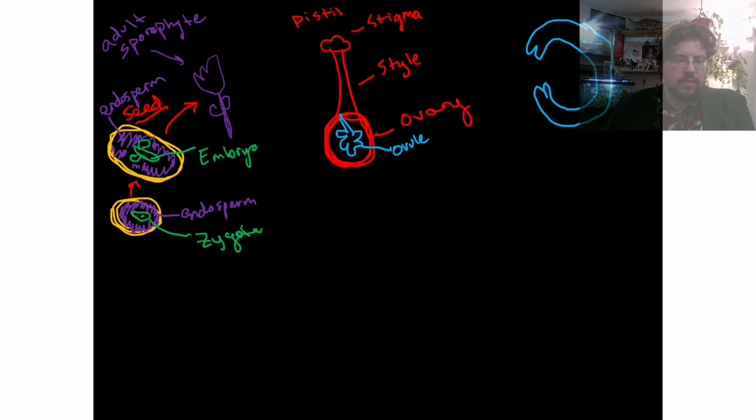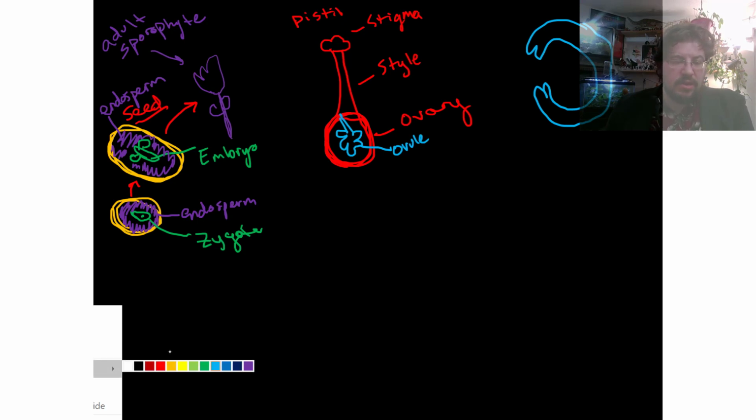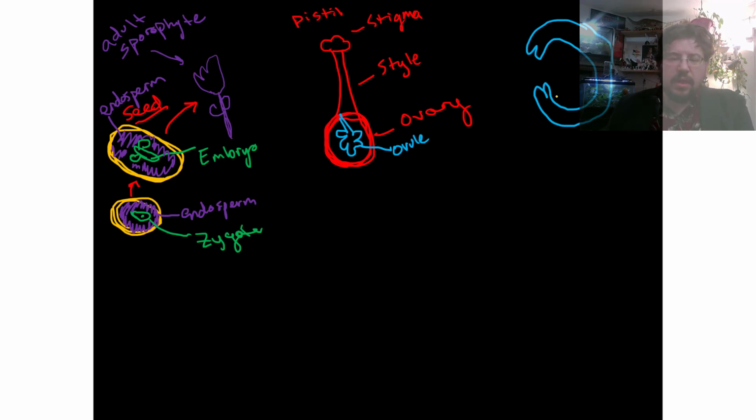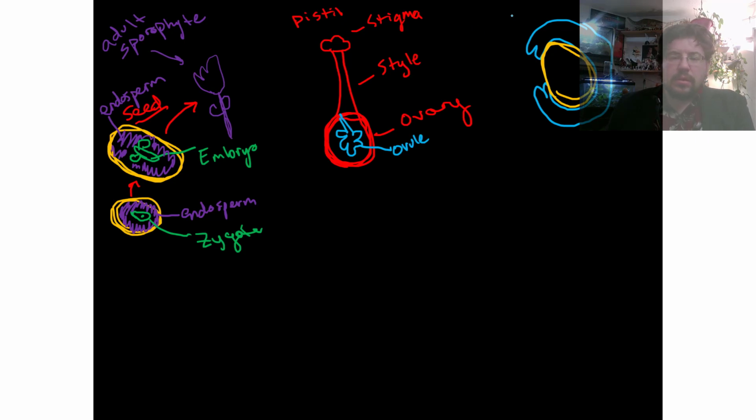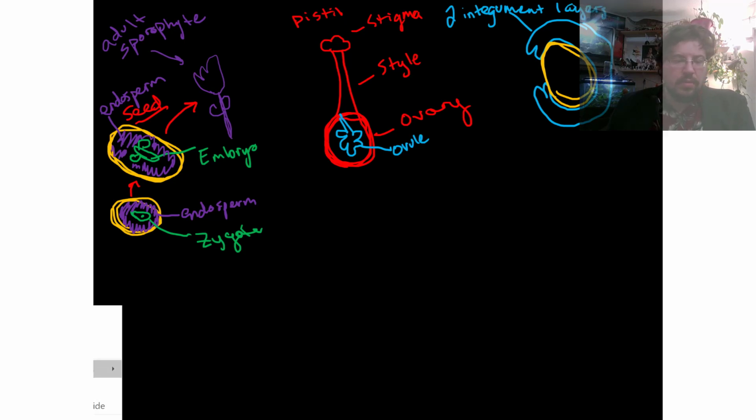Surrounding those integument layers, we have the megasporangium.